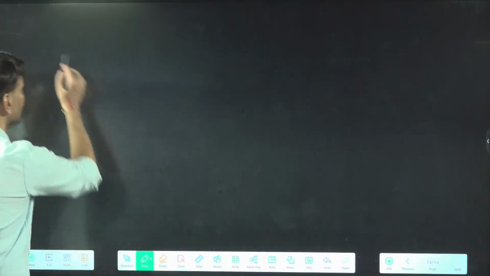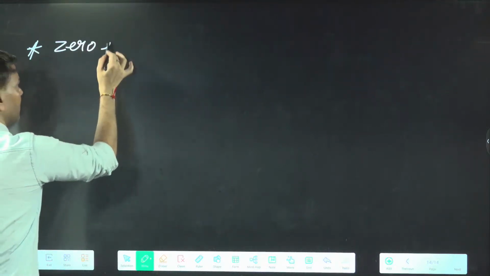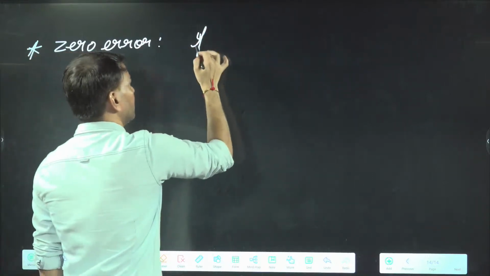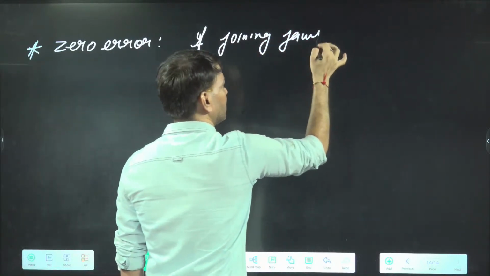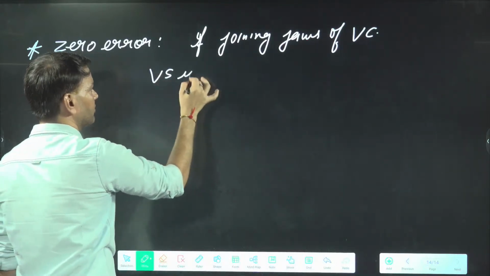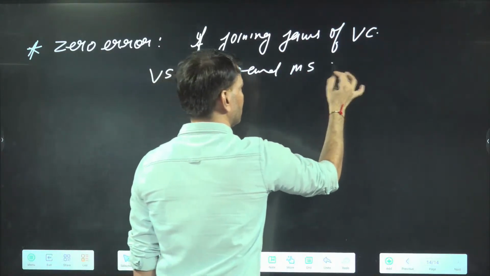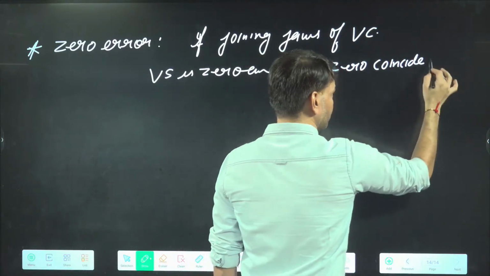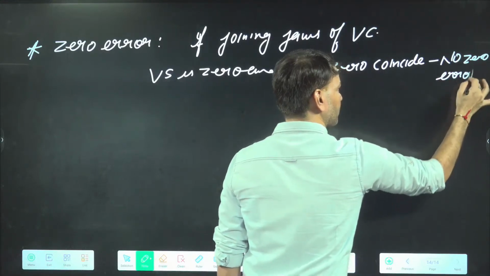I'm just writing that down. Zero error: if, on joining the jaws, the vernier scale zero and main scale zero coincide, then no zero error.